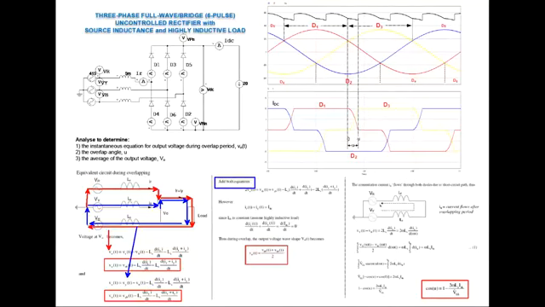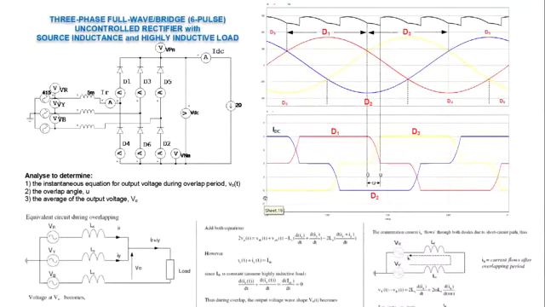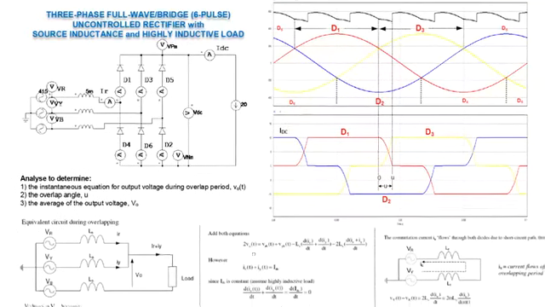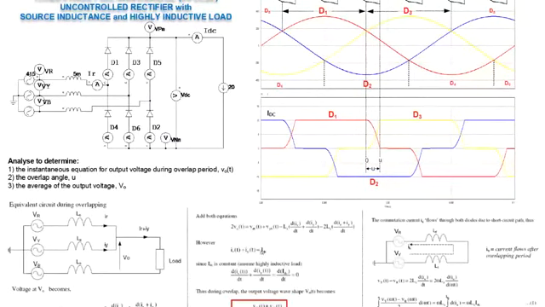Add both equations together, that gives you 2Vout plus VRB plus VYB minus Ls diR over dt plus diY over dt minus 2Ls diR plus iY over dt. We know that iR plus iY equals to iDC.